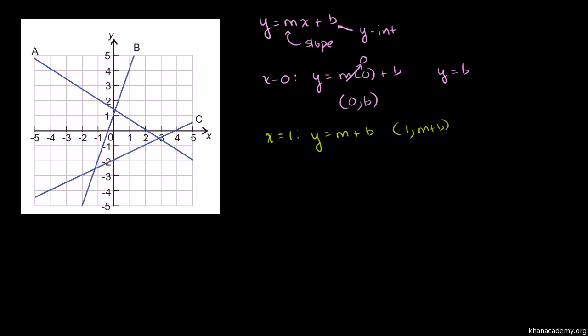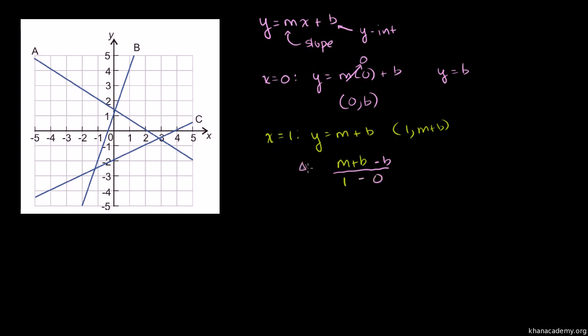So what's the slope between that point and that point? Well, let's take this as the endpoint. So you have m plus b minus b as our change in y, over our change in x, 1 minus 0. Right?